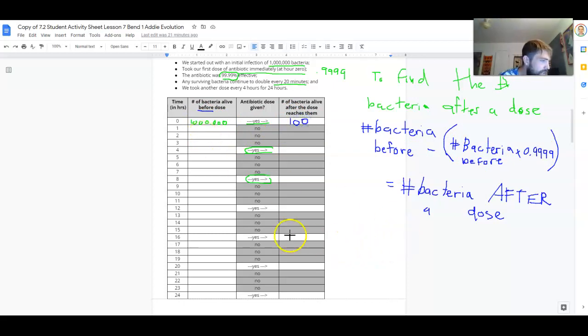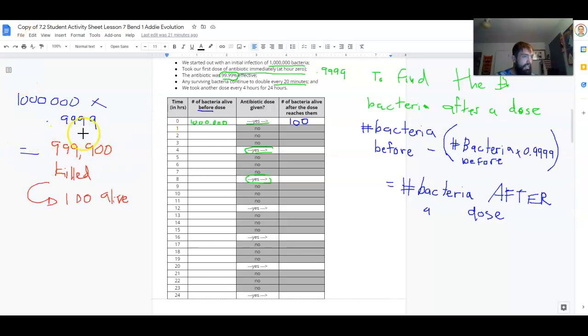Because 1 million times 0.9999 equals... All right, so the antibiotic would kill 99.99% of the 1 million, which is 999,900 killed, and it leaves us with 100 alive. And then that will again take us to 100 alive here.